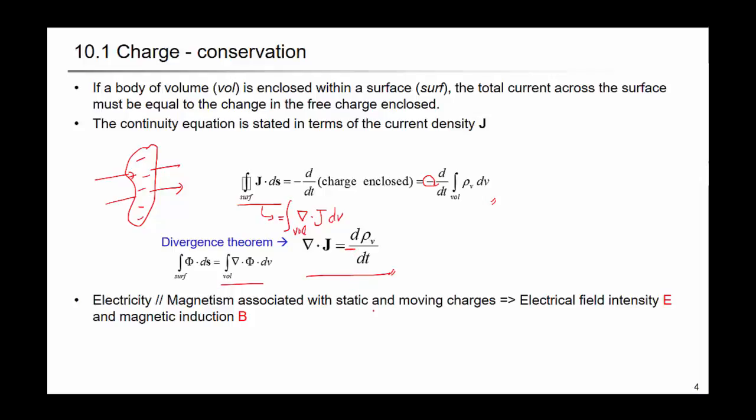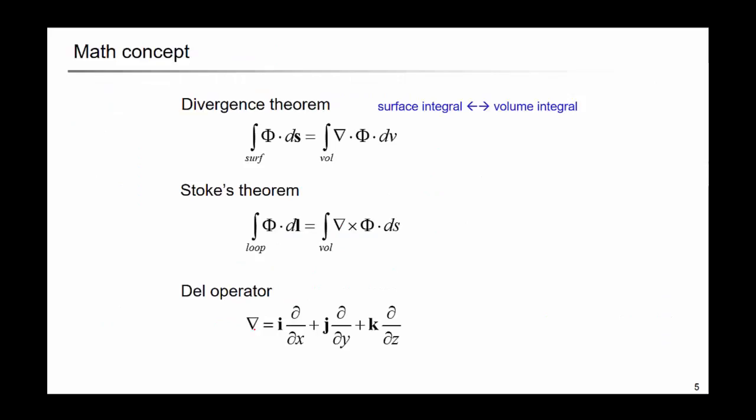And the electricity and electromagnetism associated with static and moving charges can be expressed with the electric field intensity and the magnetic induction. We're going to find out more about this soon. And the math concepts are just to recall some of the math concepts that we're going to use. The divergence theorem changes the surface integral into a volume integral.